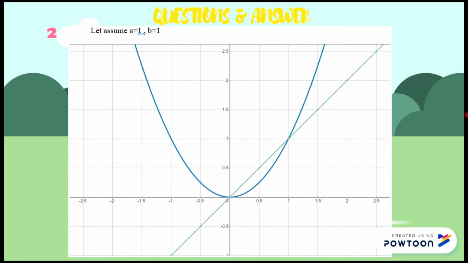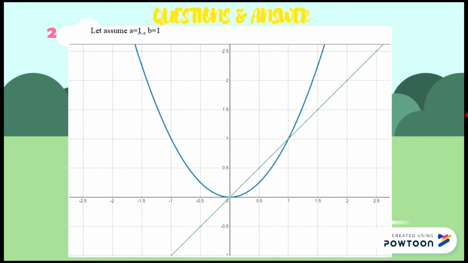If we need to sketch the graph, we must assume a and b to be some value. In this solution, we assume a equals 1, b equals 1, so we will get the line graph.